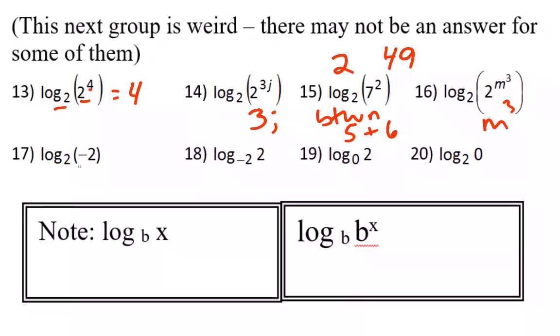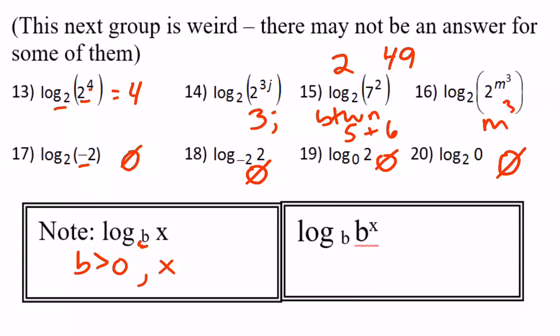What power of 2 gives you -2? You can't do that. What power of -2 gives you 2? You can't do that. What power of 0 gives you 2? Can't do that one. And what power of 2 gives you 0? Sorry, you can't do that. So b, your base, needs to be a positive number, so greater than 0.